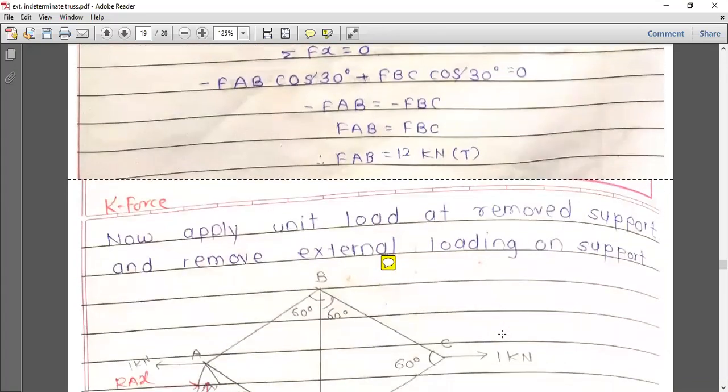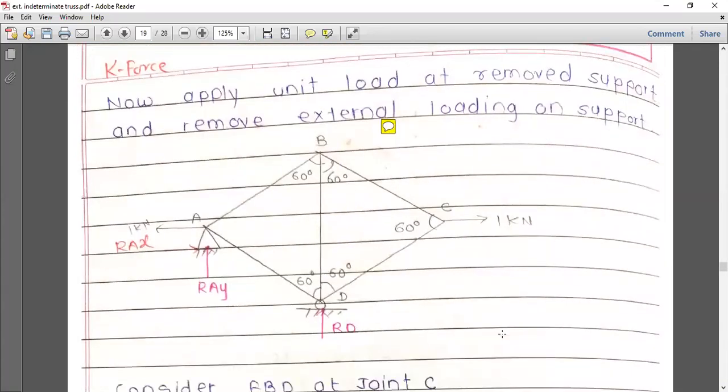Okay, next part, going for the K forces. In K forces, these two things are important. First step, we will remove all the external applied forces. Second step, provide a unit tensile force at the unknown.